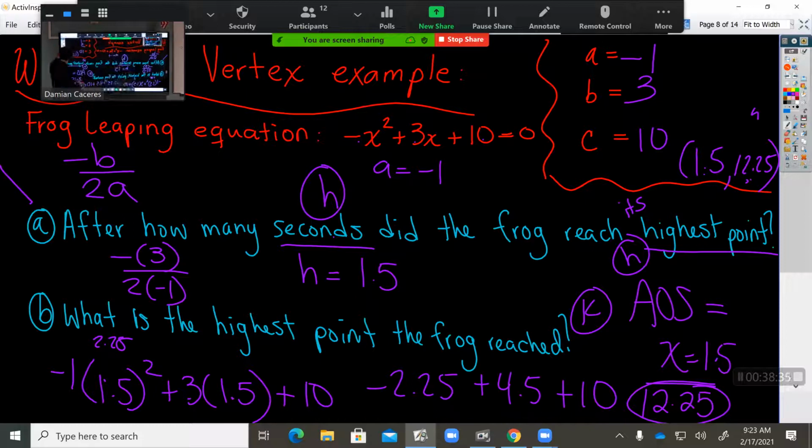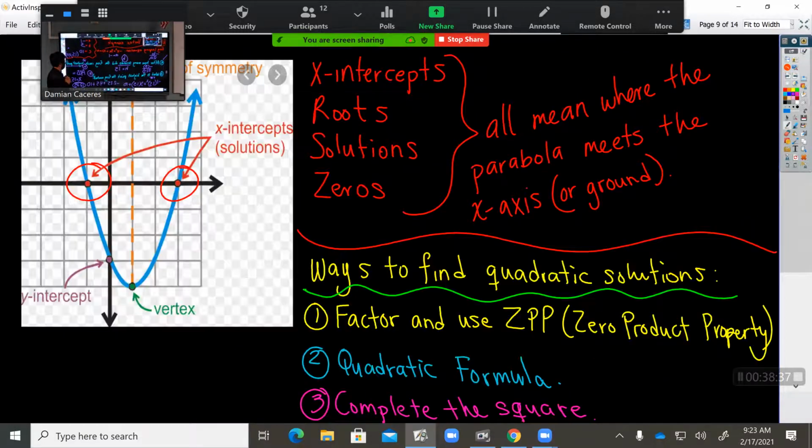All right, next page. This is the most important section of quadratics. All these 4 words right here mean the same thing: x-intercepts, roots, solutions, zeros.